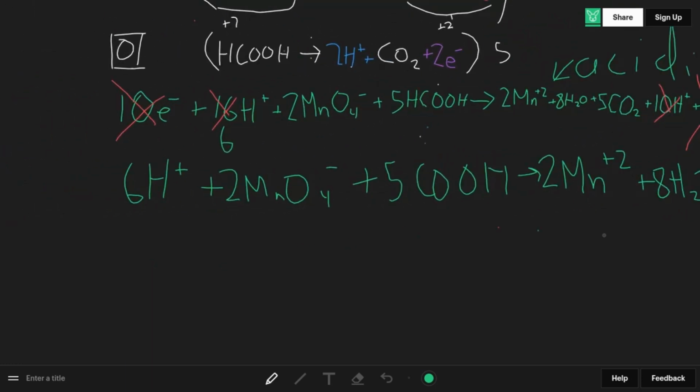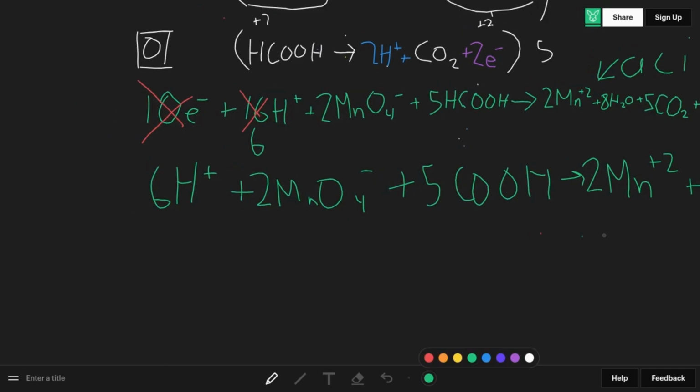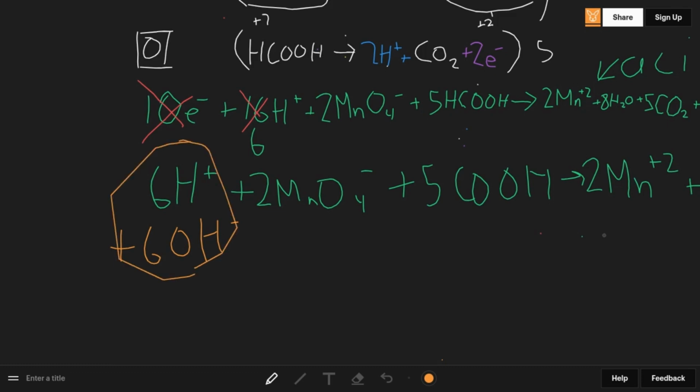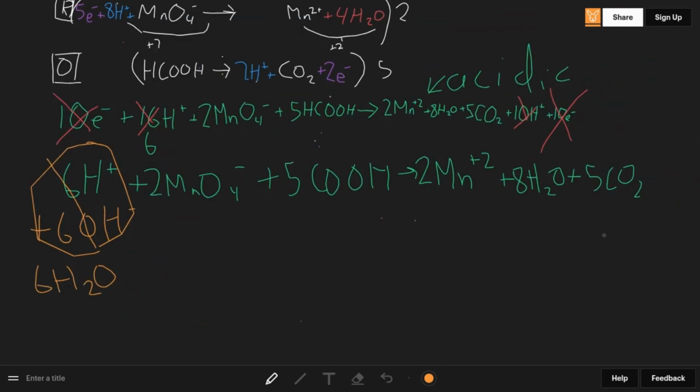So we're going to add 6OH-, and now look, this combined becomes 6 waters. That's pretty cool. And so now we have 6 waters.